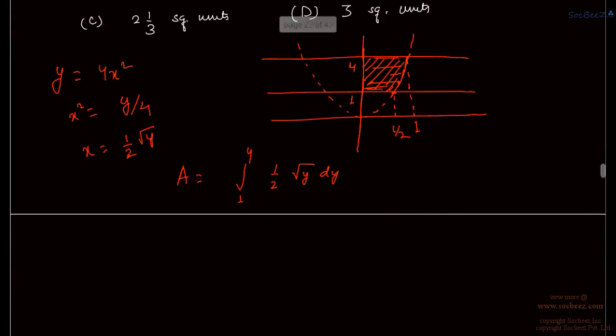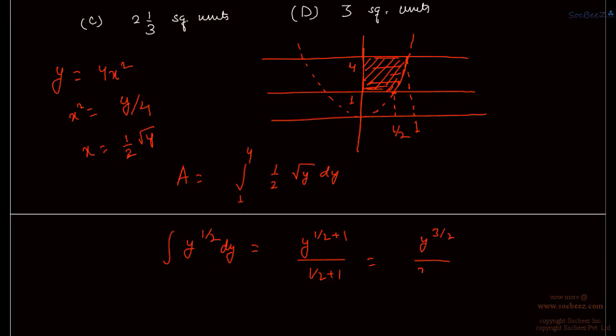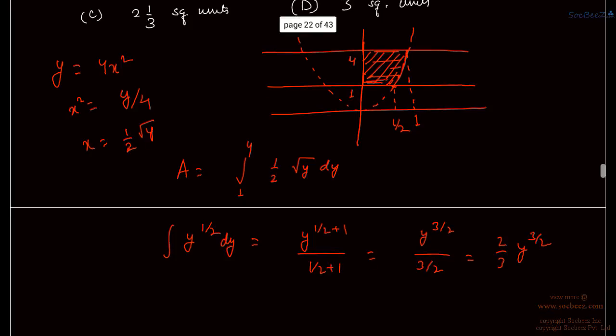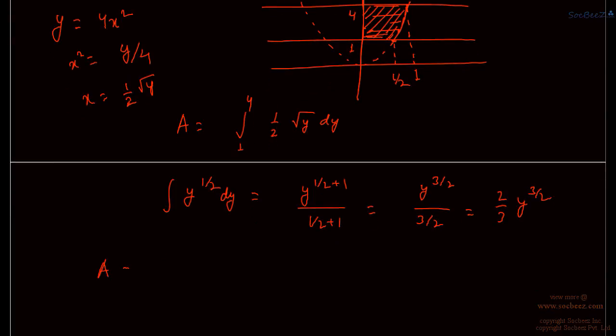So we have the integration of root y, that is y to the power 1 by 2, which will be y to the power (1 by 2 plus 1) upon (1 by 2 plus 1), which is equal to y to the power 3 by 2 upon 3 by 2. That means 2 upon 3 y to the power 3 upon 2. So we have A as half times 2 upon 3, which is 1 upon 3, y to the power 3 upon 2 from 1 to 4.